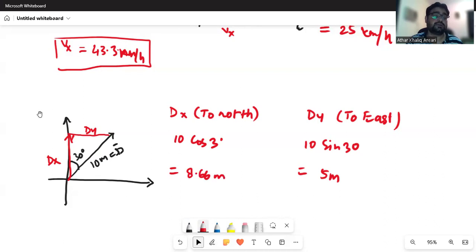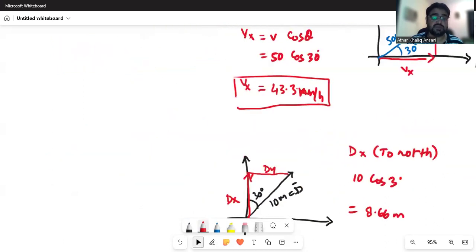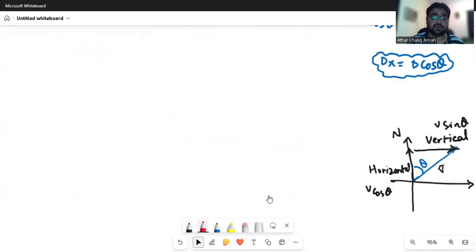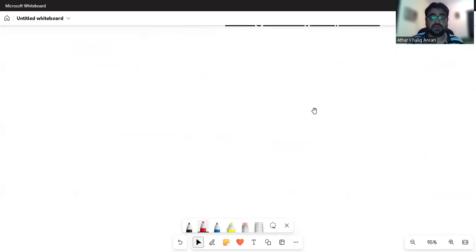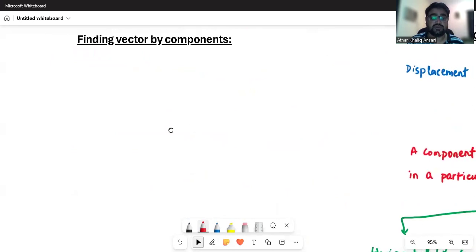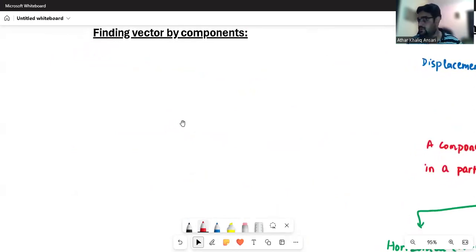Now, getting to the second part of the same lesson, when we have vector components, how to find the vector. For example, if you have two vector components, the rectangular components x and y. Let me try to draw it.